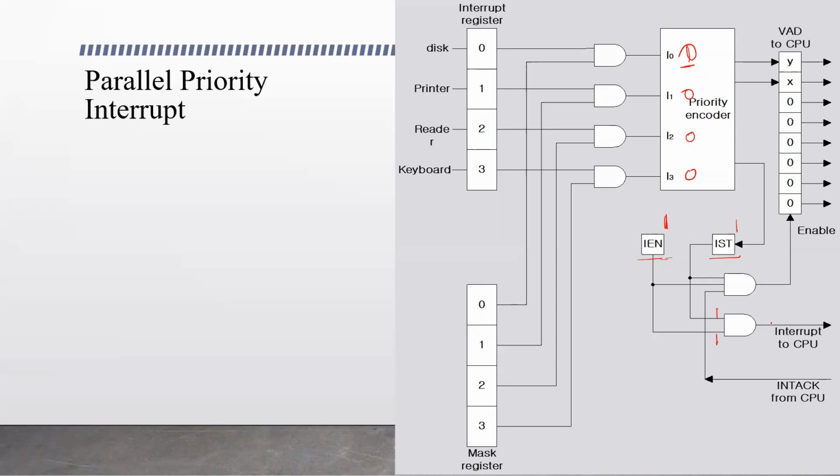Then when these two are 1, the AND gate generates 1, initiating this interrupt signal to the CPU so that the CPU can service that interrupt. Once the CPU receives this, it responds by enabling the interrupt acknowledgement signal, which enters here along with IST and IEN. So IST is 1, there is an interrupt request, interrupt enable is 1, it is allowed, and the CPU has received the interrupt and responded. So it generates a 1 here.